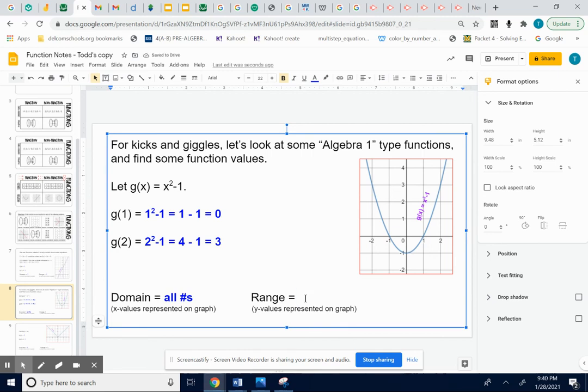The range: y values greater than or equal to -1. That's the domain and the range. Try one more. Try number 9.